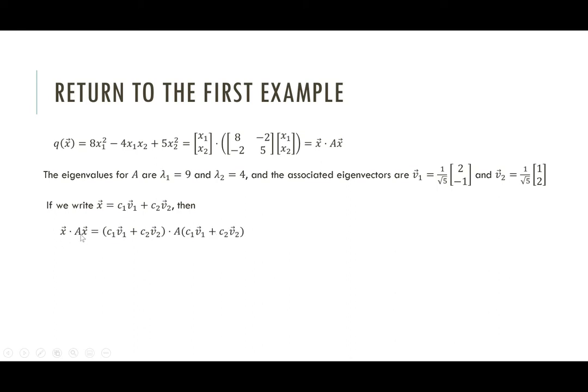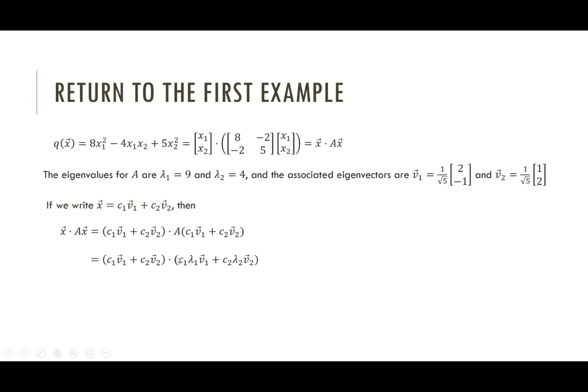Well, let's calculate x dot Ax. So x is c1 v1 plus c2 v2, and then A times (c1 v1 plus c2 v2). Because these are eigenvectors, we can write this as c1 lambda 1 v1 plus c2 lambda 2 v2.